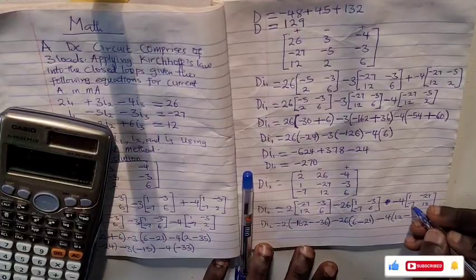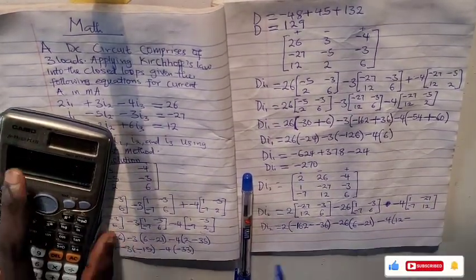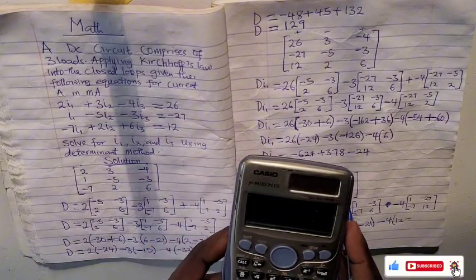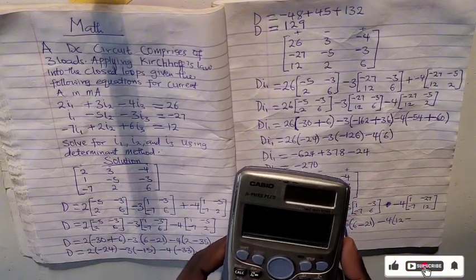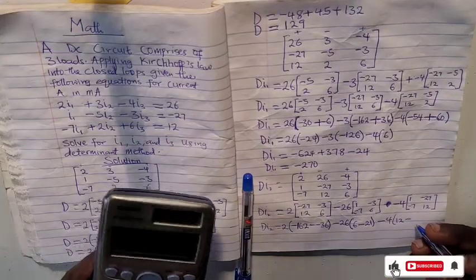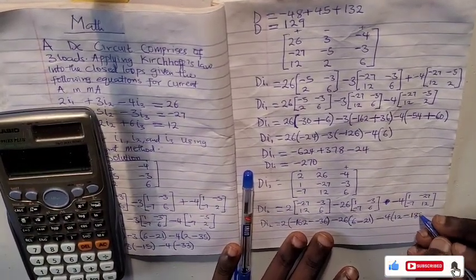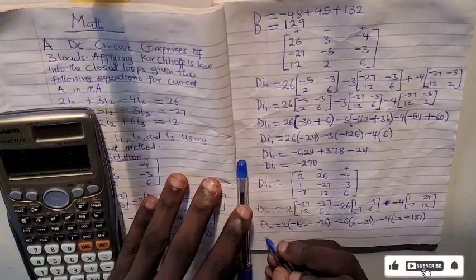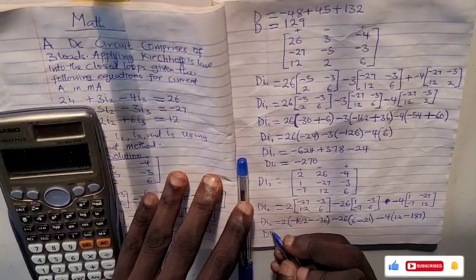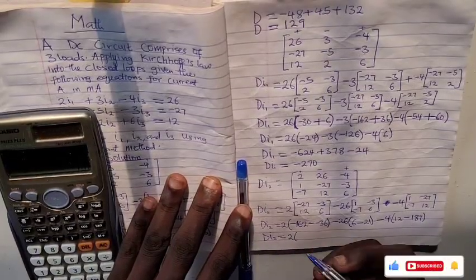Put minus. Minus 7 times minus 27. This will give us 189. Close the brackets.